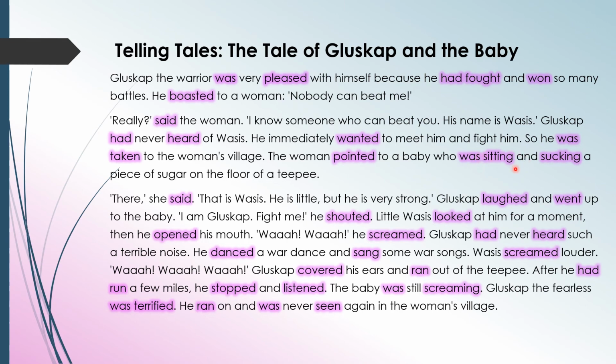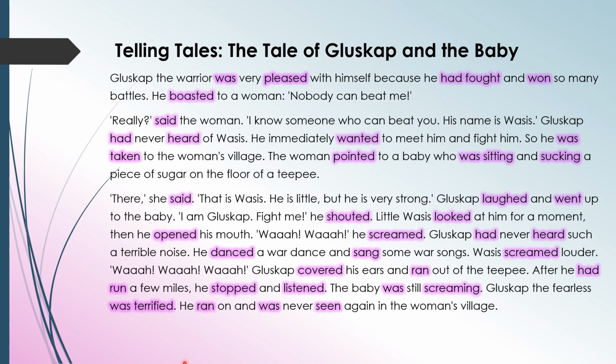So here we are referring to what the boy was doing at the same time. There she said, loved, went, shouted, looked, opened, screamed, had heard, danced, sang, screamed, covered, ran, had run, stopped, listened, was screaming, was terrified, ran, was seen.